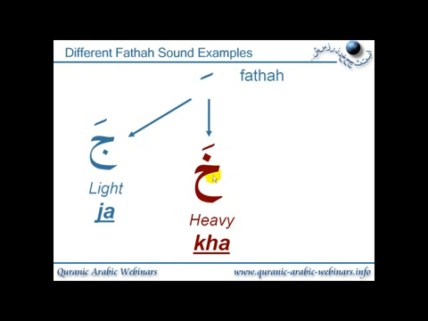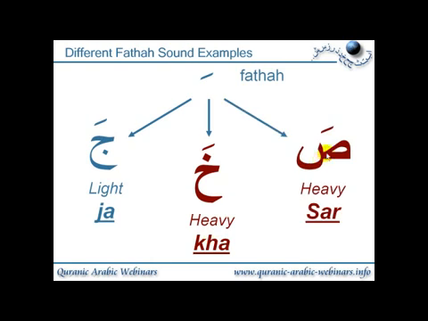The letter kha with fatha gives a heavy sound, so it will be kha. And the letter sad also gives a heavy sound with fatha, so it gives the sound sa. So you can see the difference between ja, kha, sa. So not all the letters give an a sound. So with sad you can't say sa, it must be saw, and with kha you cannot say kha, it must be kha.